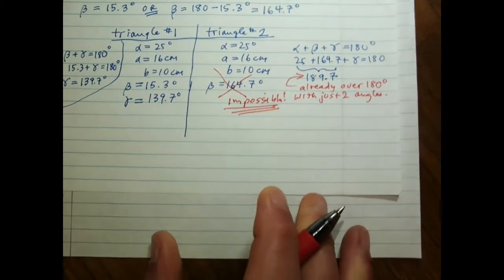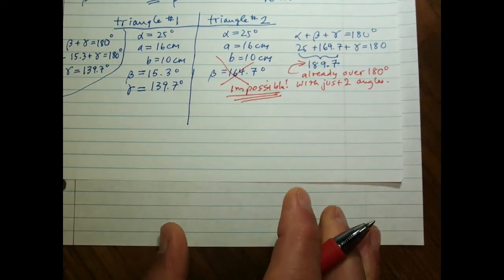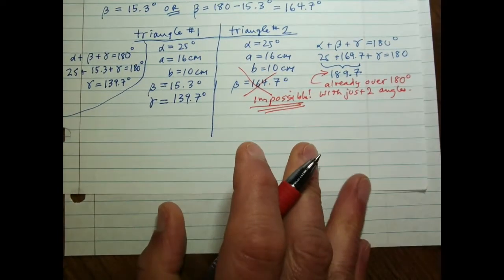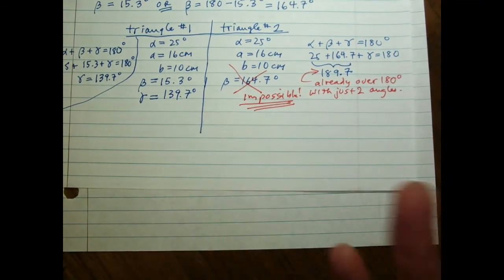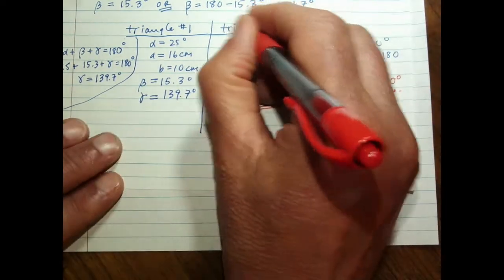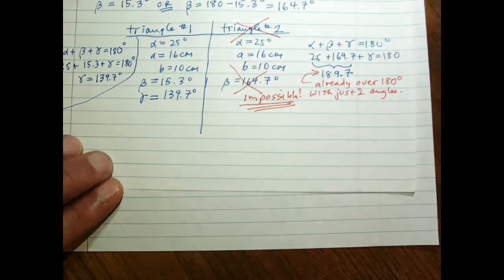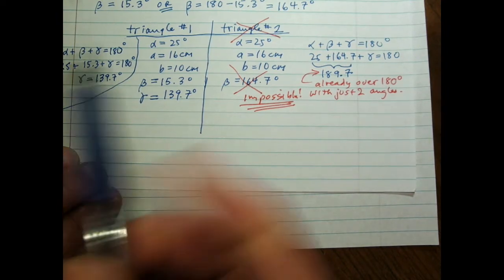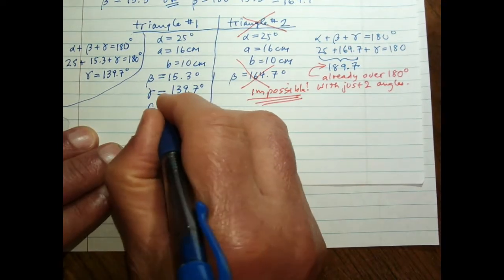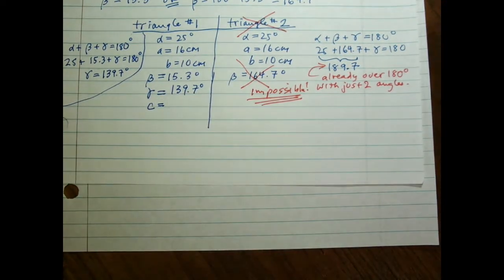So there's no way beta could be that other value, and we don't find that out until this step where we're trying to figure out the third angle. If you realize that you have two angles that add up to more than 180, you throw that one out. So triangle 2 is not a possibility.